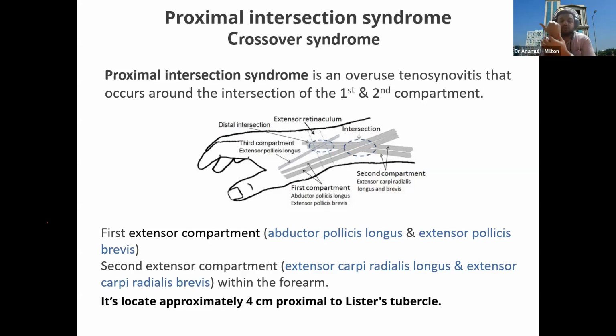But it is not near the wrist joint; it is about 4 to 5 centimeters proximal to the wrist joint or Lister tubercle. So this is the area where you find the maximum pain during palpation.